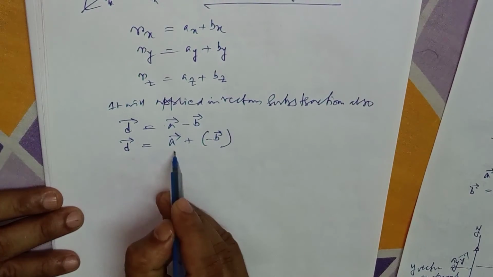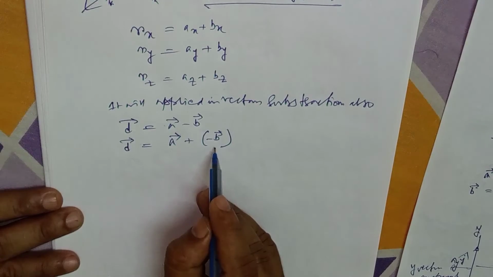To subtract, we add vector a and minus b by components.